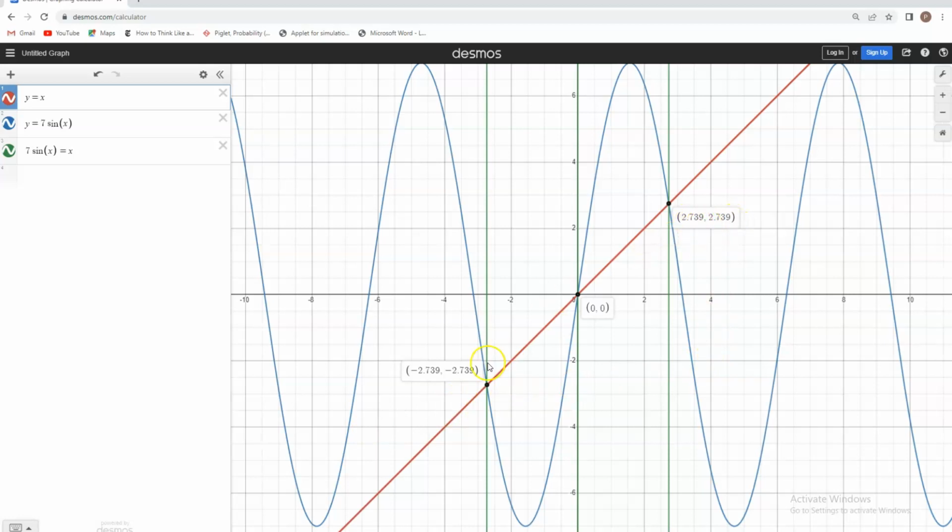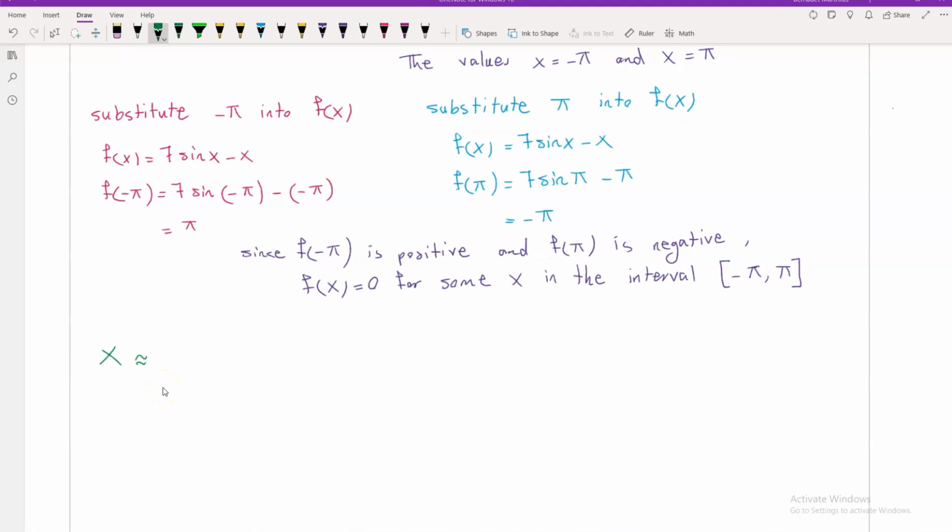Here they rounded to 3 decimal places, but if asked to round to 4 decimal places, we can zoom in and find exactly what our answer is. So using the graphing calculator, we solve the equation and our answers, rounding to 4 decimal places, are -2.7395, 0, and +2.7395.